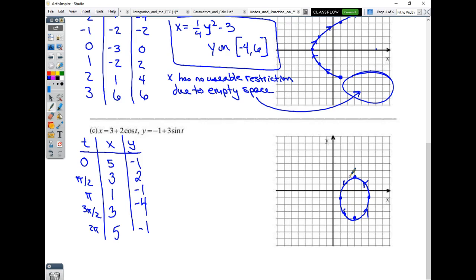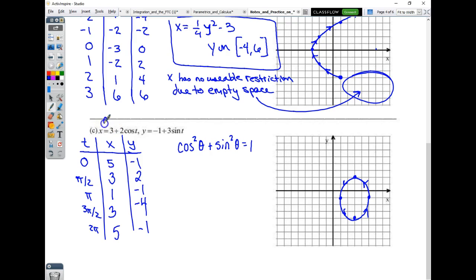Tangent might work, but that would be a tangent of t. Would I have gotten rid of the sine and cosine necessarily? That's it. We can use the Pythagorean identity of the cosine squared plus the sine squared equals 1.